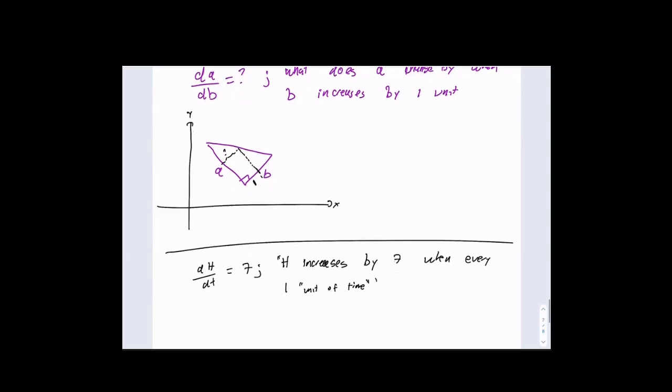So I could have said the exact same words, but like every second, for example. Let's say t was in time, then I would say H is increasing by 7, whatever the units are for H, every second.